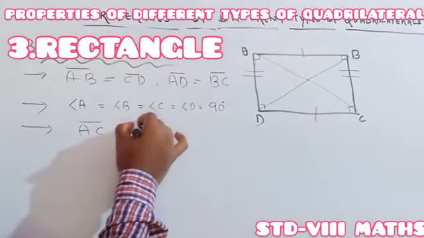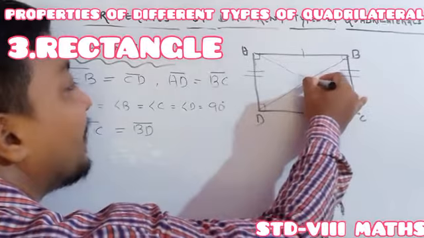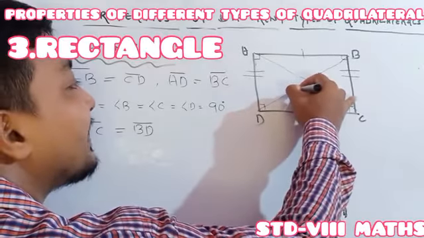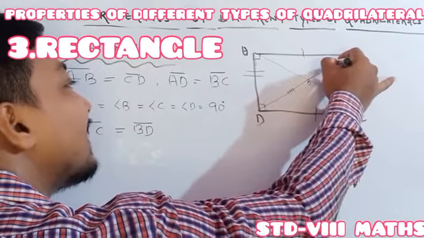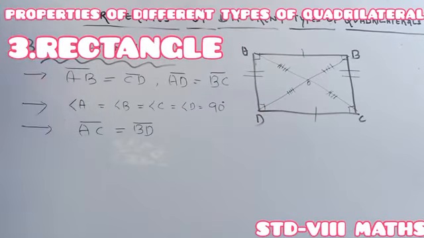And another thing you have to remember: this point is the same as this one, and this one is the same as this one. It means both diagonals bisect each other. Also, both the diagonals are equal. Important point: in the rectangle the two diagonals are equal, and also the diagonals bisect each other.